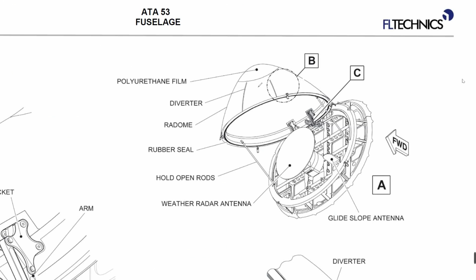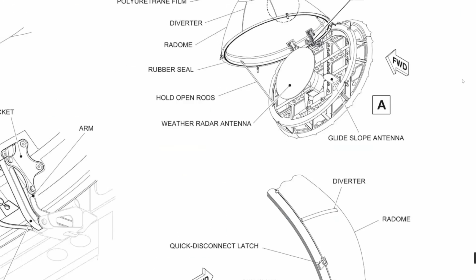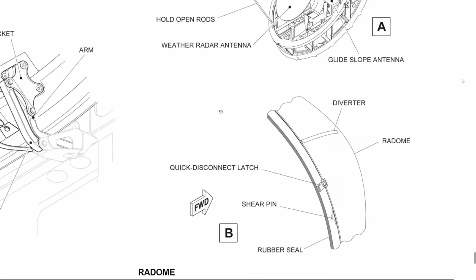And to provide better protection of the radome, we have these lightning strike diverters. On other aircraft, maybe you've seen strips. So these diverters are transmitting the accumulated charge on the radome to the structure.